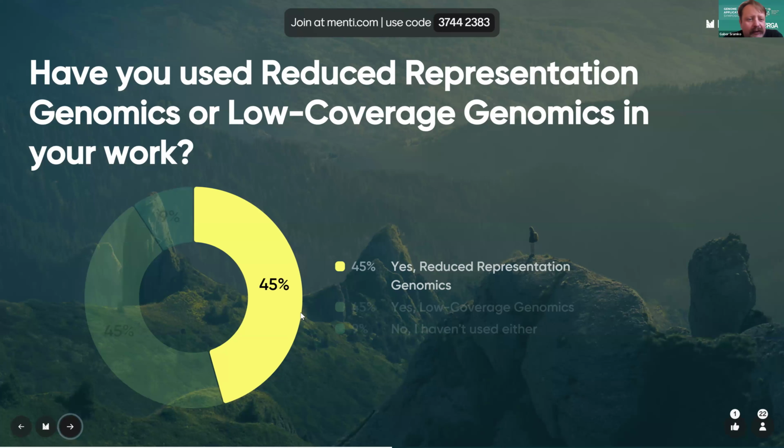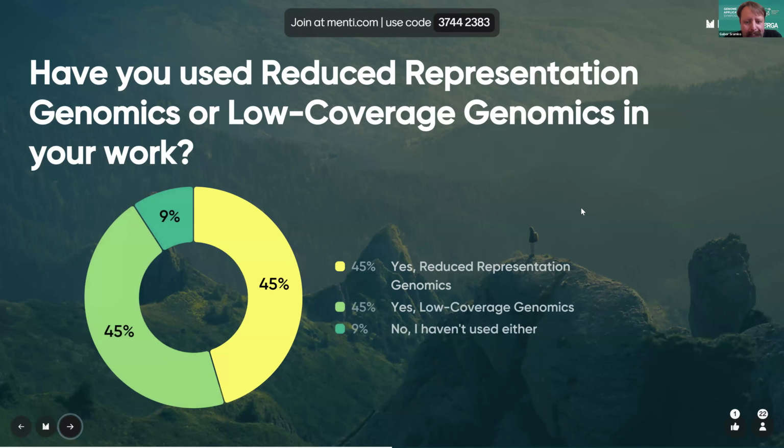So really here people have a lot of experience with reduced representation genomics. Oh, no. No, now it's 50-50.